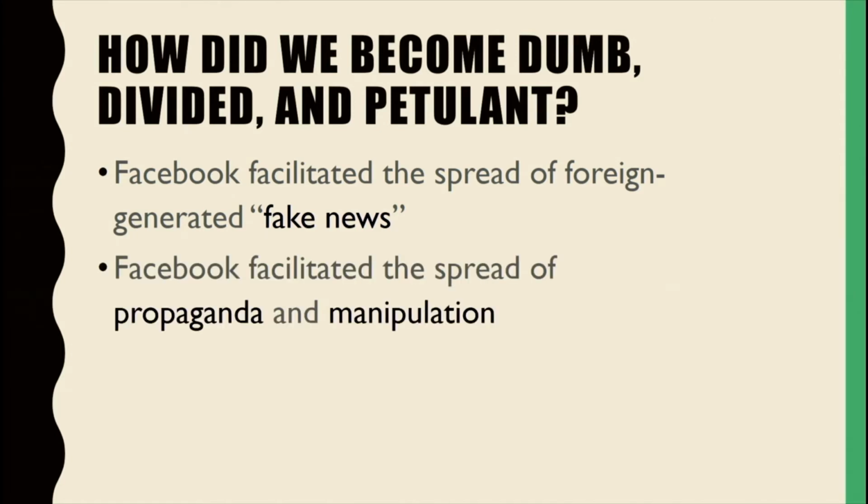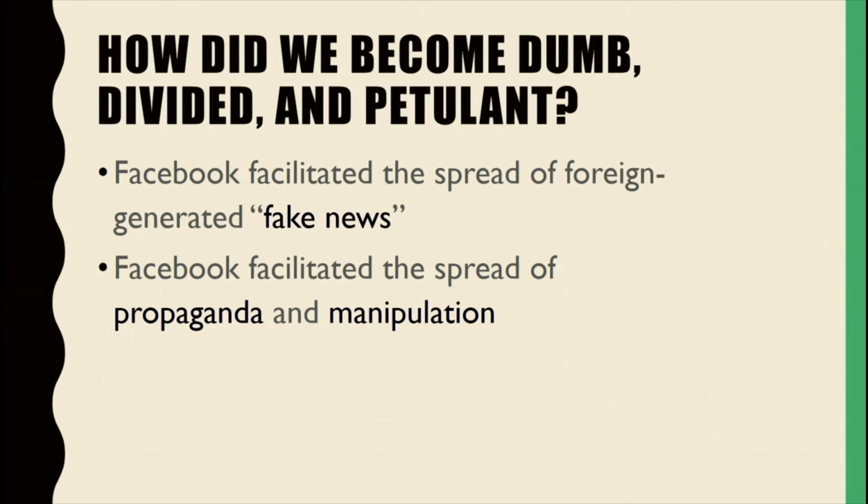The next iteration, which I think we're working with now, is that Facebook is still at fault here, but in the Cambridge Analytica story, they have facilitated the spread of propaganda and manipulation by allowing hyper-targeting of content. That's the model most of us are working on, and I think there's some truth to that.